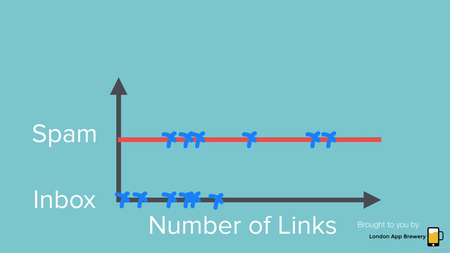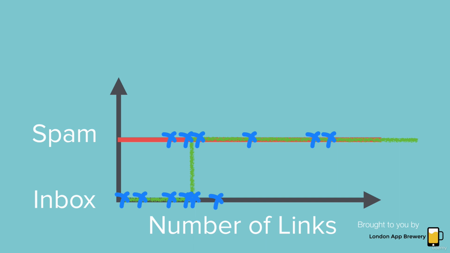So if we plot all of our training data onto this graph, so emails which are labeled spam or not spam, based on the number of links that the email contains, then it might look something like this. Now, the machine learning model's job is to try and draw a line that goes through this data and figures out a threshold for the number of links.